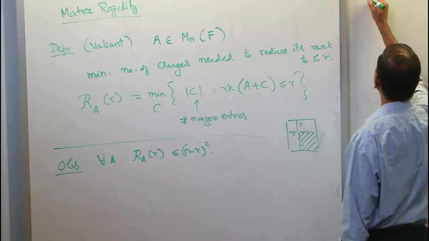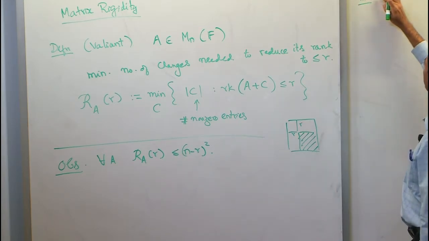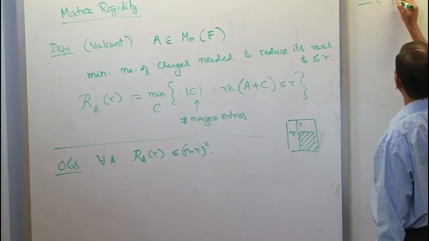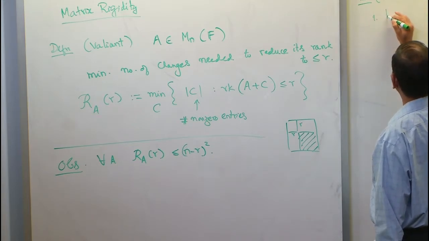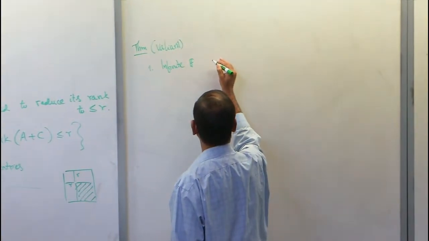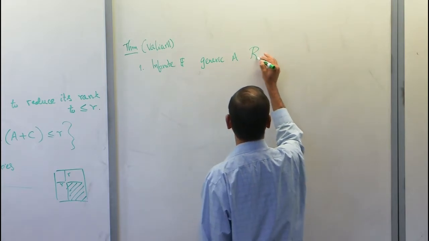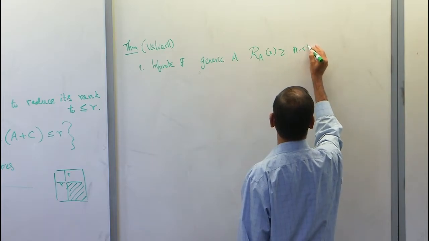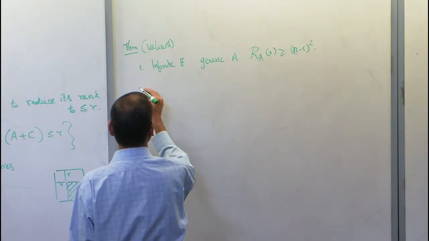Okay. So Valiant himself proved, and this proof we'll come back to, if the field is infinite, then a generic A will have as much as (n minus R) squared rigidity. We'll actually review this.